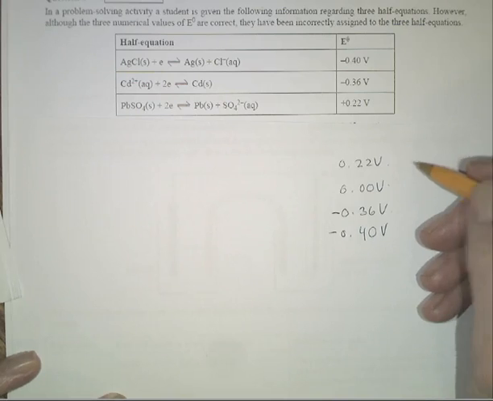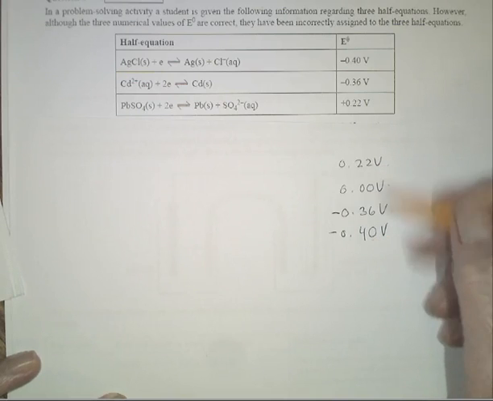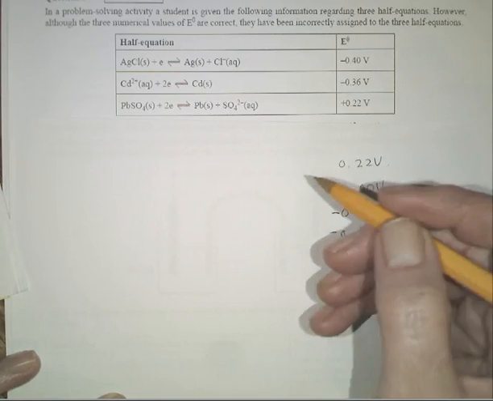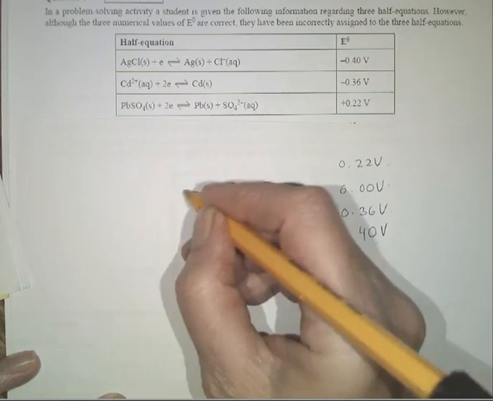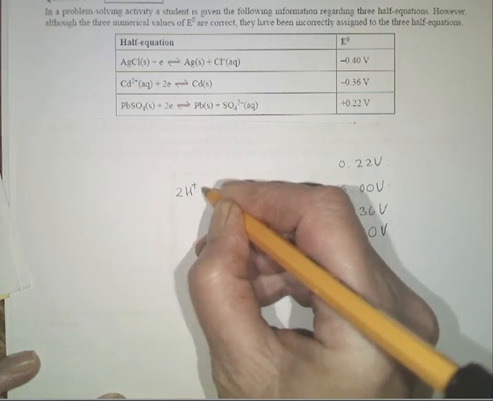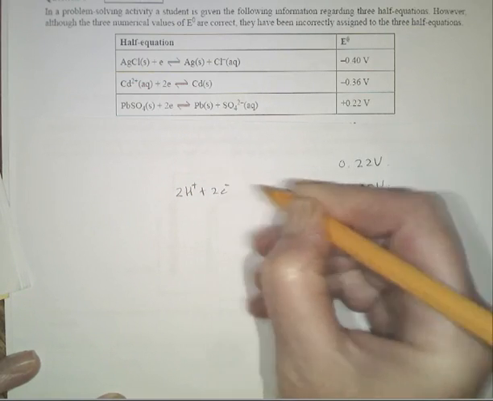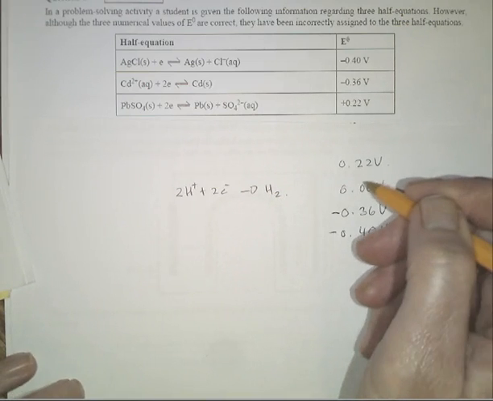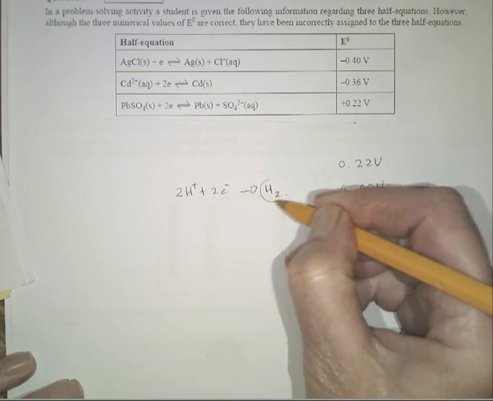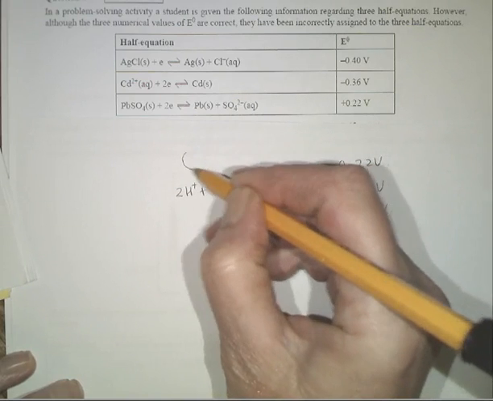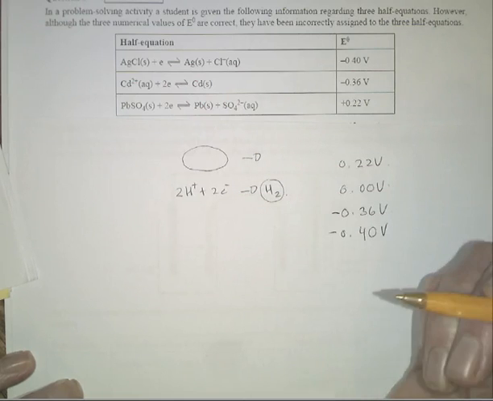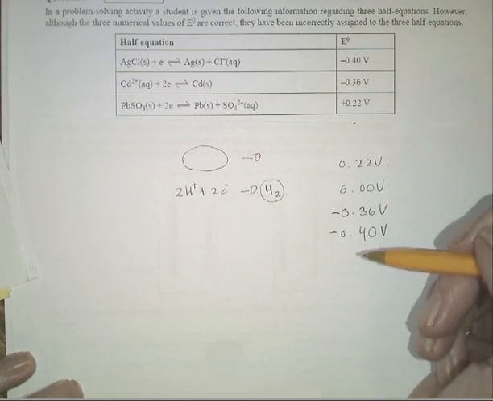Alright, so we have our 3 equations, and we're putting them all with this standard half cell, the hydrogen half cell. Only one of them is going to react with the hydrogen and undergo reduction, where the hydrogen undergoes oxidation. Only one of them.